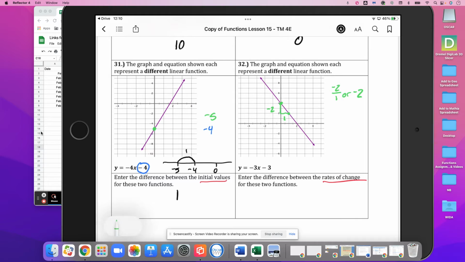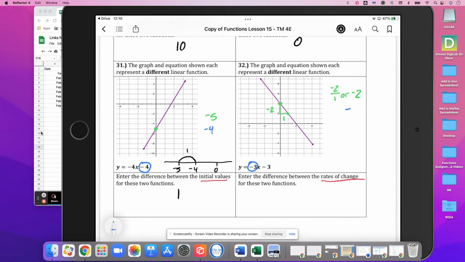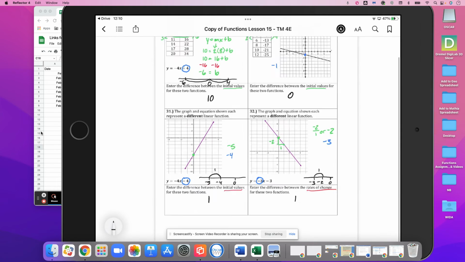And then the rate of change of the blue one is going to be negative 3. So again, the distance between negative 3 and negative 2, they are both on the left side of 0. The distance between those is just 1. So another one with just 1 as the answer.